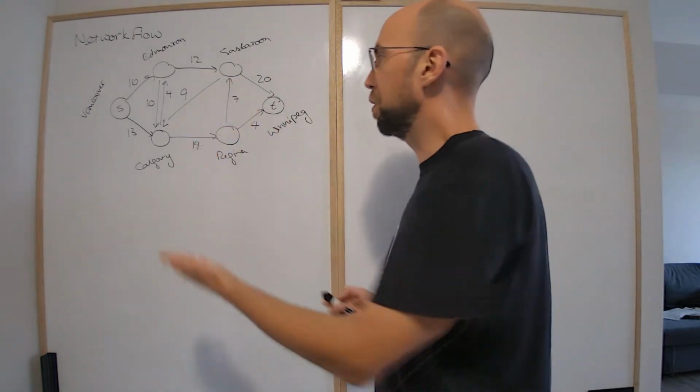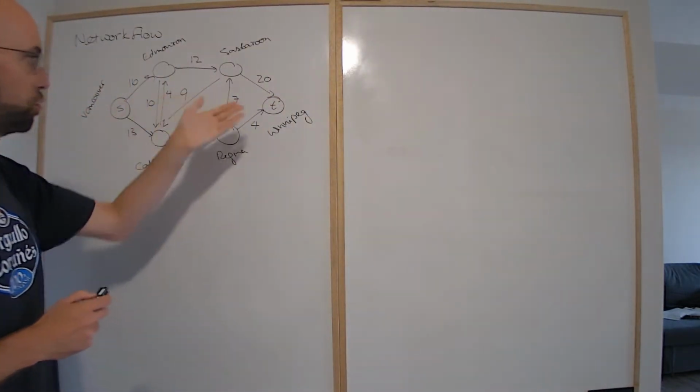Okay, how do you get the most stuff you can get from S to T?